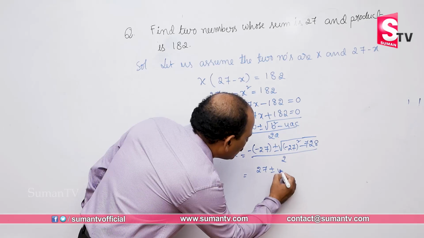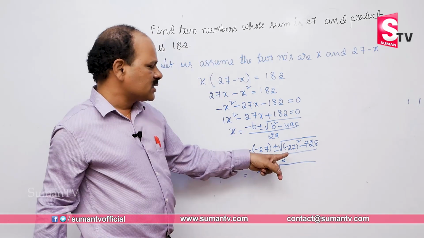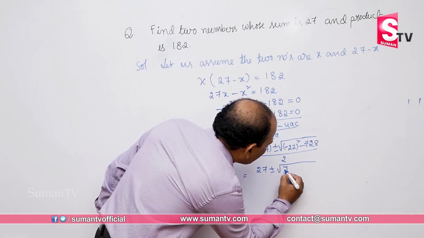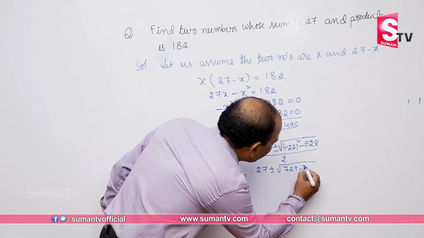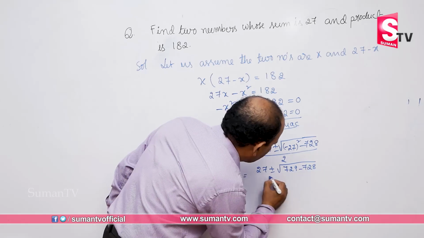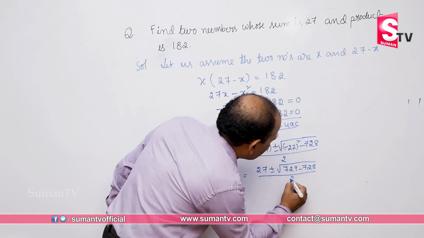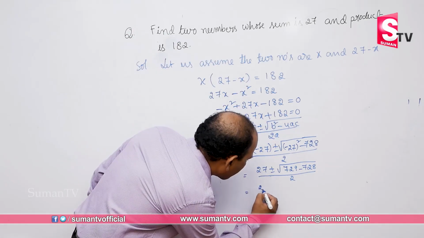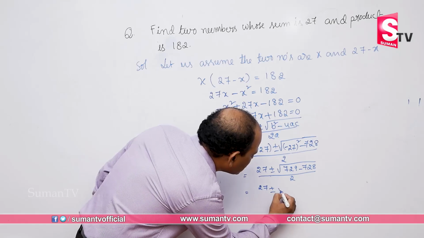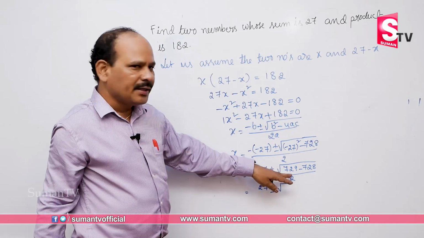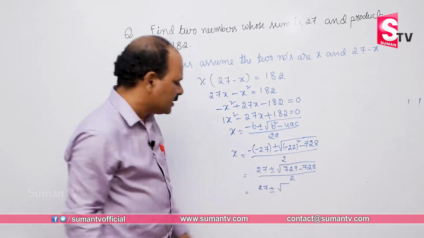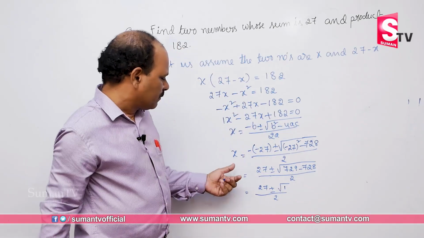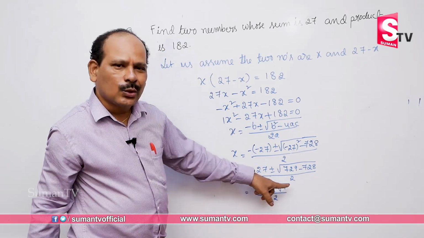Plus or minus root of minus 27 whole square. Minus 27 whole square is 729, minus 728, by 2. In the next step, 27 plus or minus square root of 729 minus 728, which is 1, by 2. Now 27 plus or minus root 1, by 2.